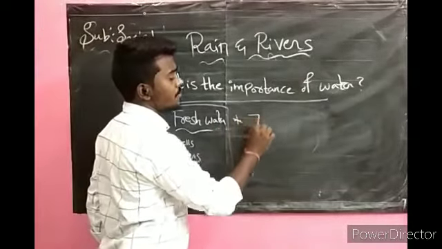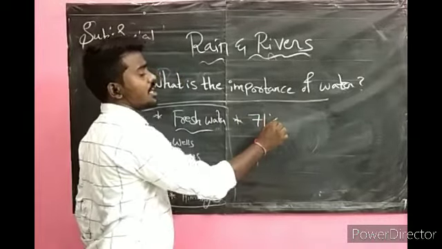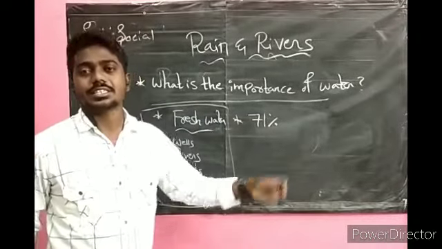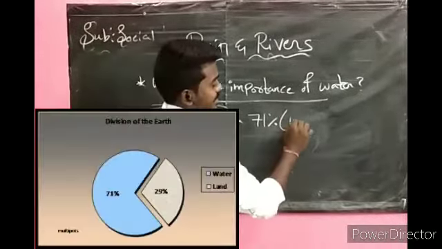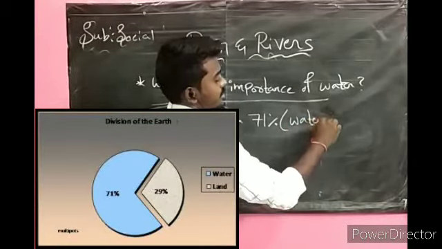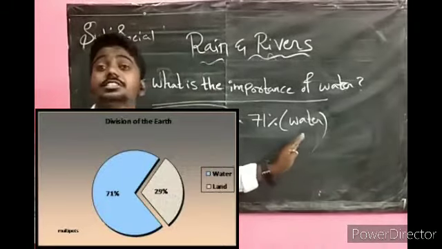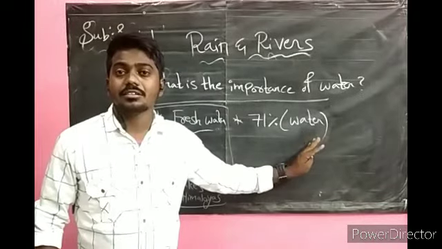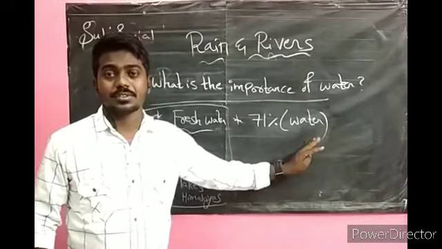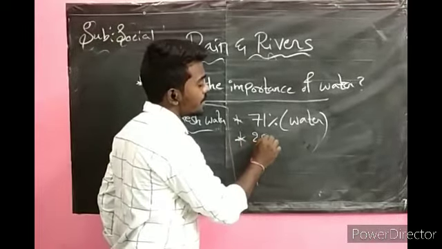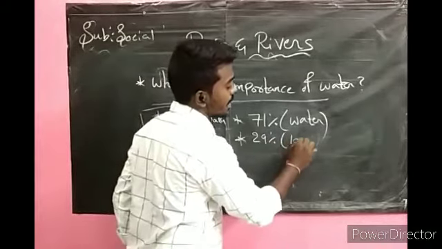We have 71 percent of Earth's surface covered with water. See, we have 71% of water on our earth, but we have only 29% of land.